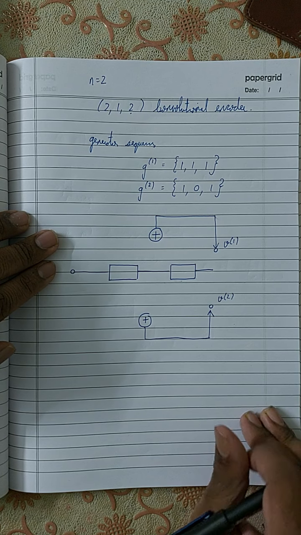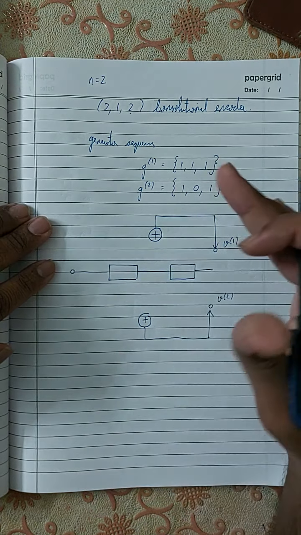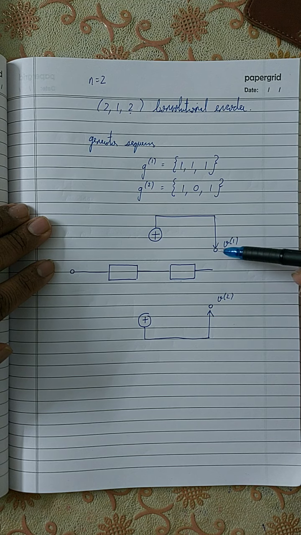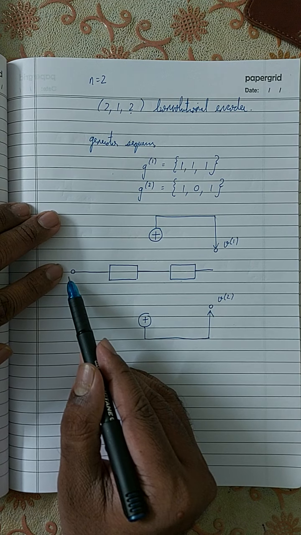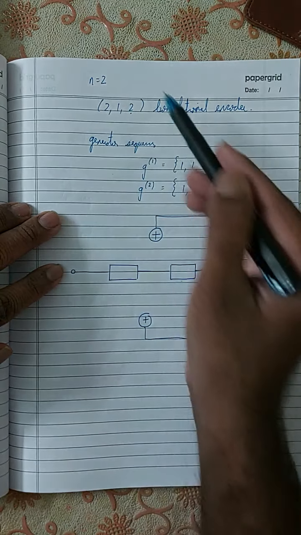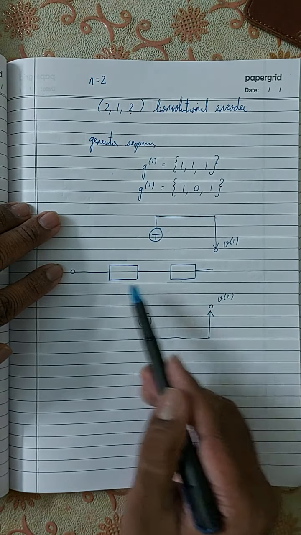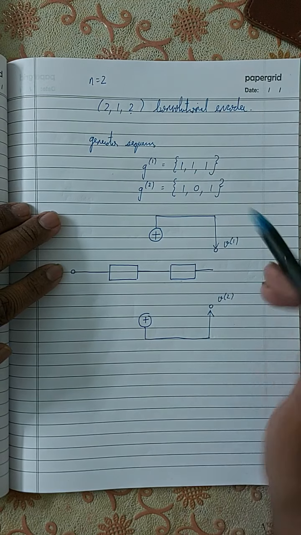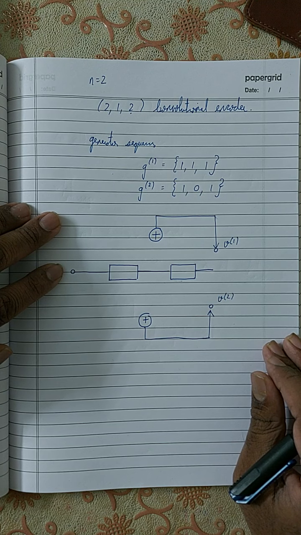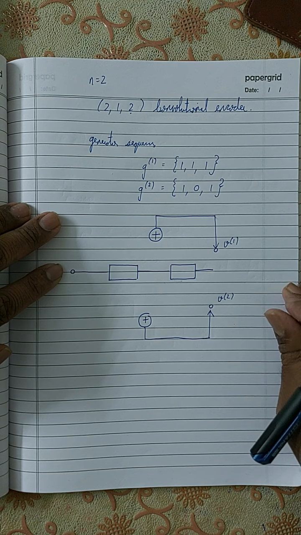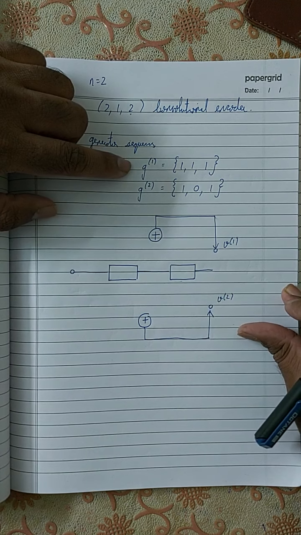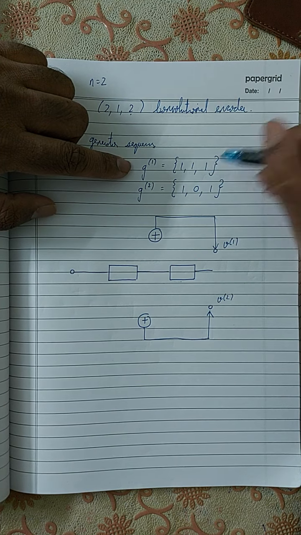Next, what you did is you drew the single bit input, and then you drew the two shift register blocks because the value of m is equal to 2. Next, you are going to look at the value of the generator sequences. Here g of 1 is equal to 1 1 1.